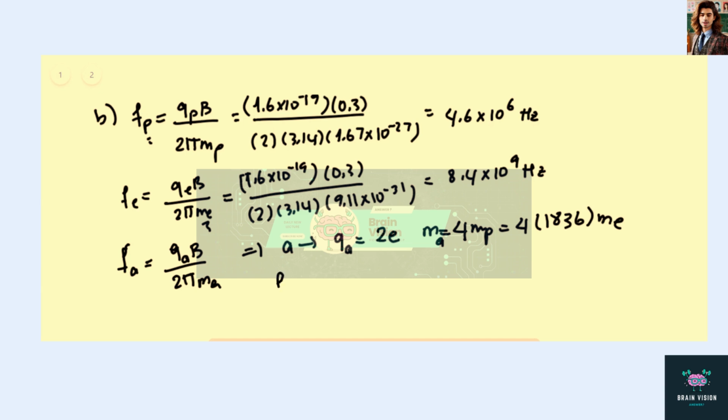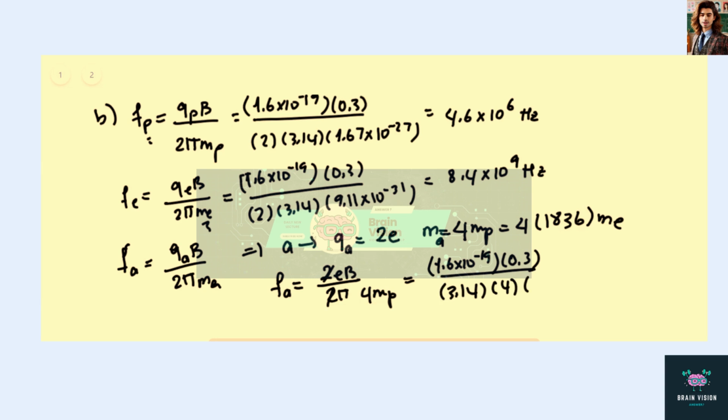So let's pick one and plug in the values for the frequency of the alpha particle. It will be 2eB over 2 pi times 4 times the mass of the proton. These 2's are going to cancel out. 1.6 times 10 to the negative 19 times 0.3 divided by 3.14 times 4 times 1.67 times 10 to the negative 27. We're going to get 2.3 times 10 to the 6 hertz for the frequency of an alpha particle.